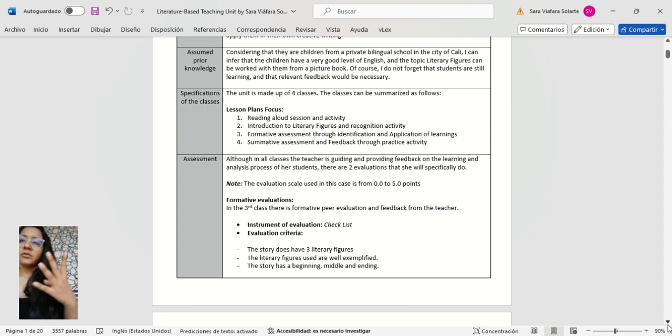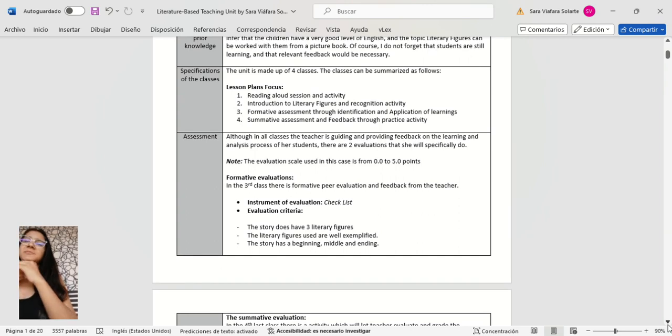I can infer that the children have a very good level of English. And this topic of literary figures can be worked with them from a picture book. Of course, I don't forget that students are still learning, and feedback will be necessary, but I think they can do it.